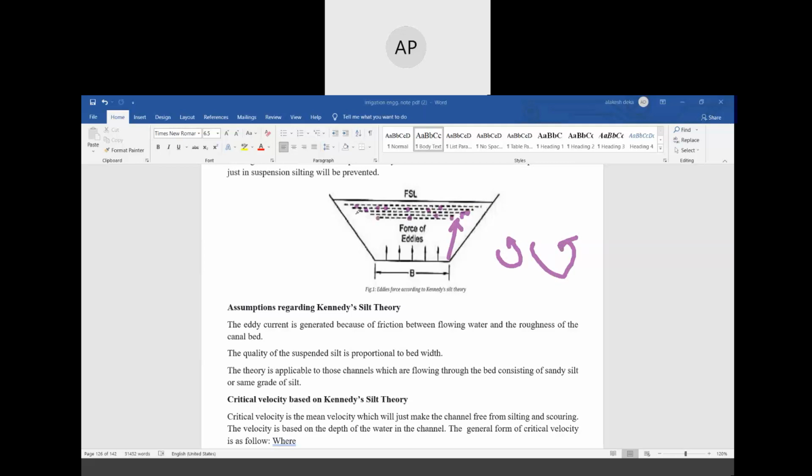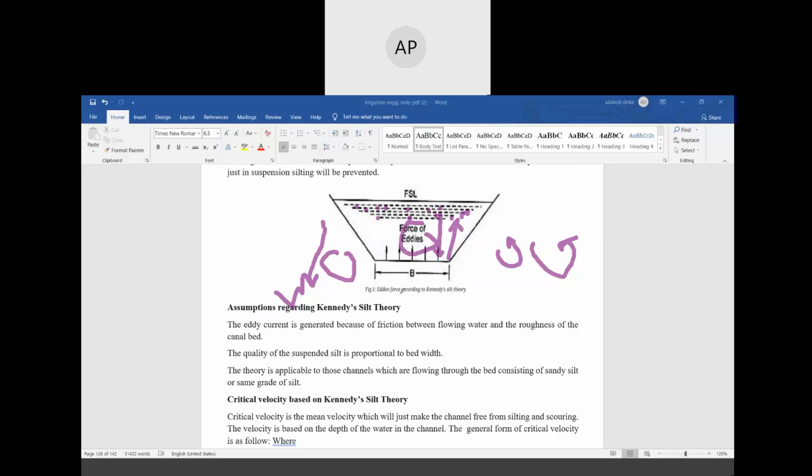But the particles have some self weight, isn't it? That weight is responsible for bringing them down to the bed, and it will resist the force of these eddies.